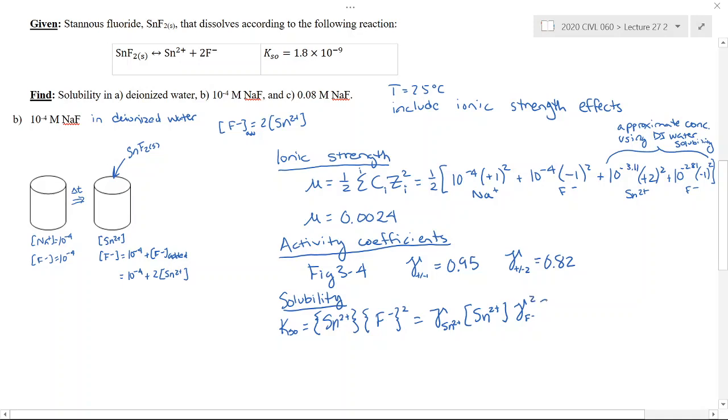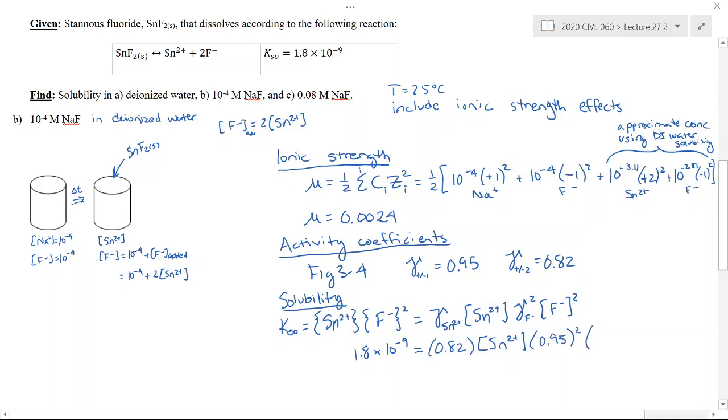I had to remember to square my gamma and the molar concentration for the fluoride. I'll use the Ksp of 1.8 times 10 to the minus 9 that's given. For the stannous, the gamma is 0.82, and stannous is our variable. For the fluoride we'll use 0.95, and that must be squared.